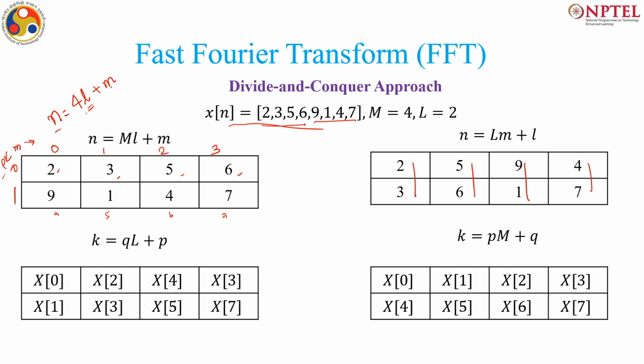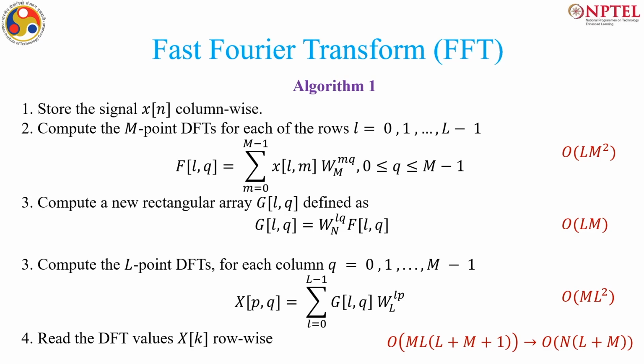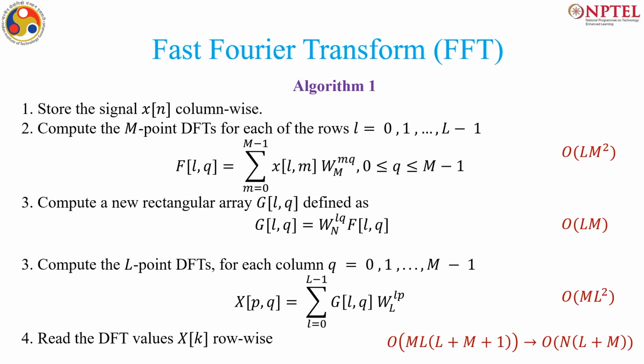Similarly, the frequencies which I get, I can read out column wise like this, or I can read out row wise this and this. Now, if you have got this idea clear, let us start with the algorithm. As I said, depending on the arrangement, I can have two such algorithms. The first algorithm is we will store the signal column wise.